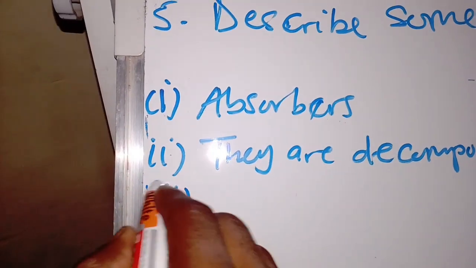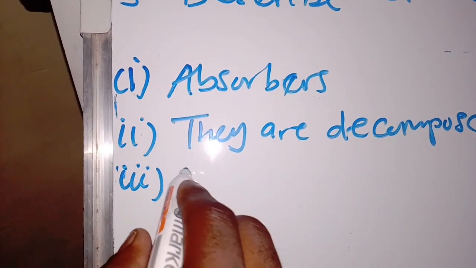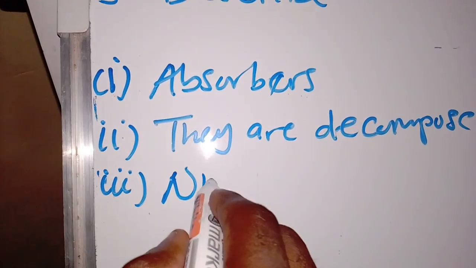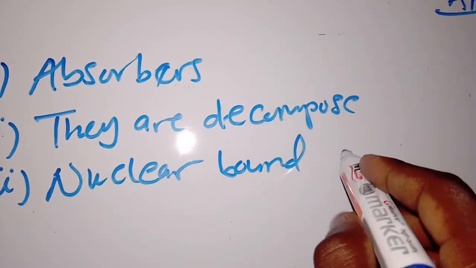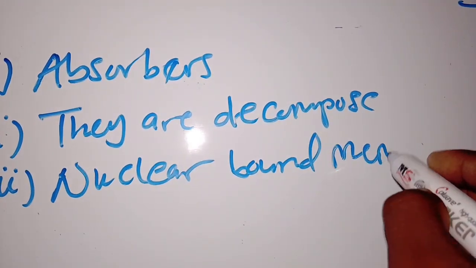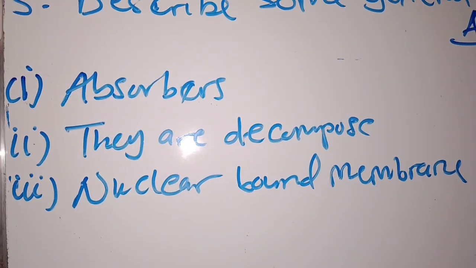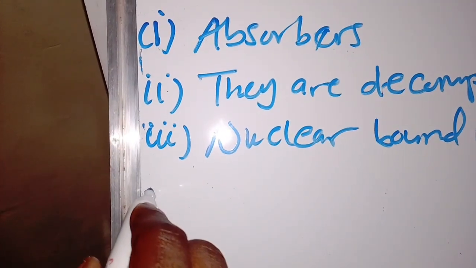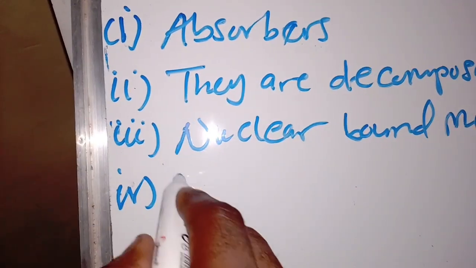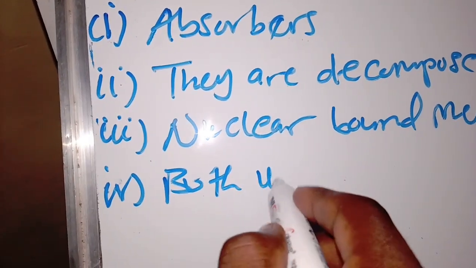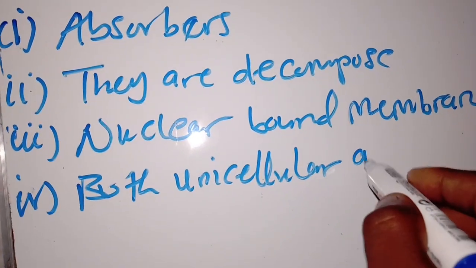Number 3, in terms of the membrane, they have a nuclear bound membrane. In terms of the structure, you can say they are both unicellular and multicellular.